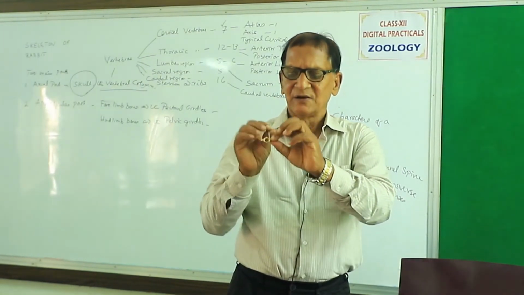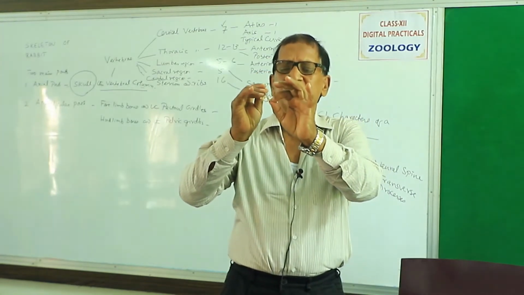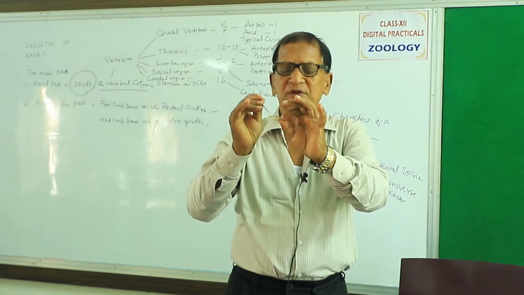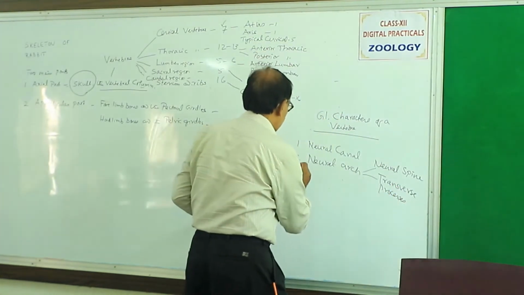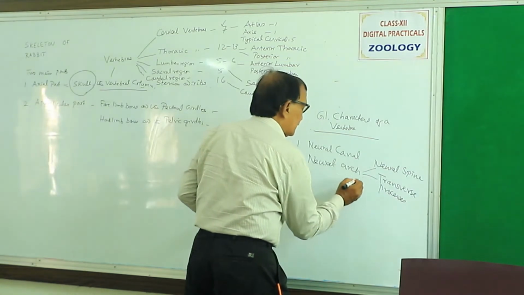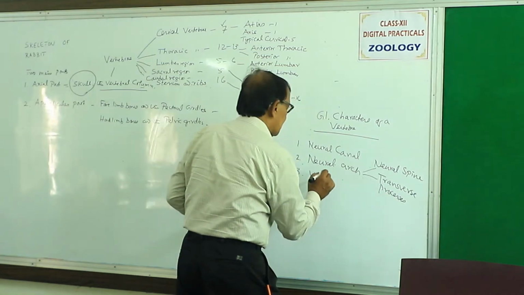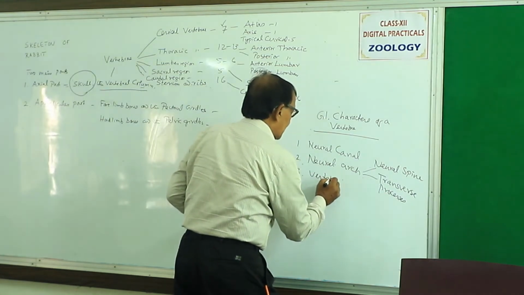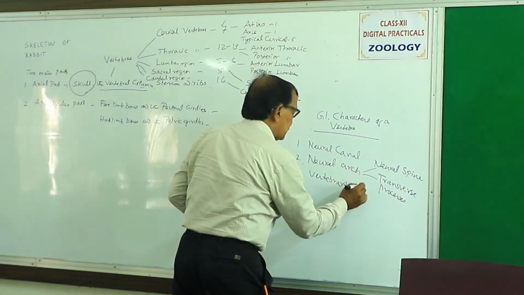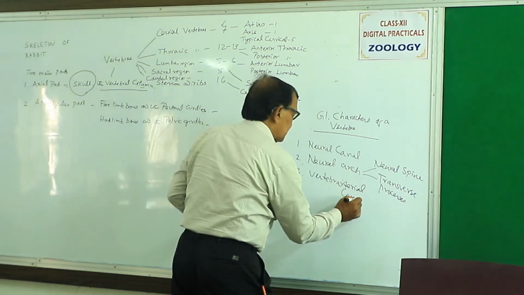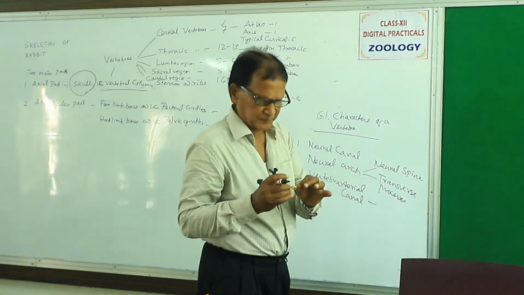So this is that vertebrarterial canal, present on the body of the transverse process close to the neural arch, for the passage of the vertebral artery. Vertebrarterial canal, the compound word. So it is meant for the passage of the vertebral artery.